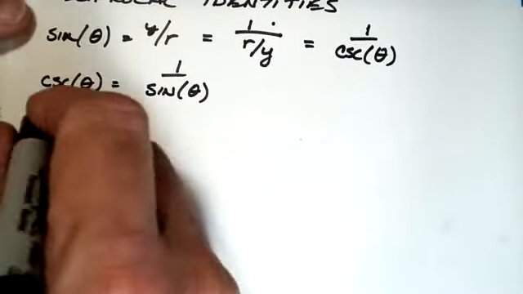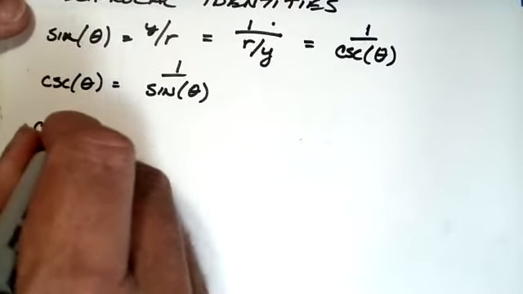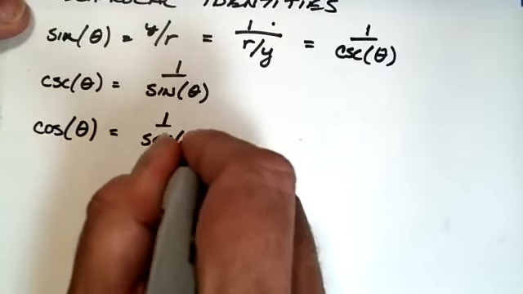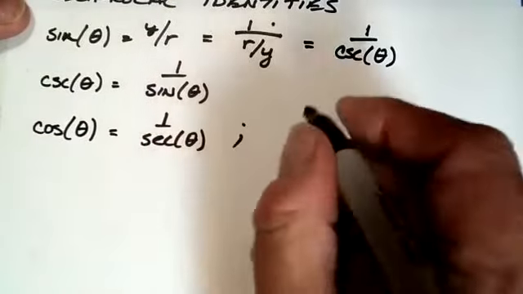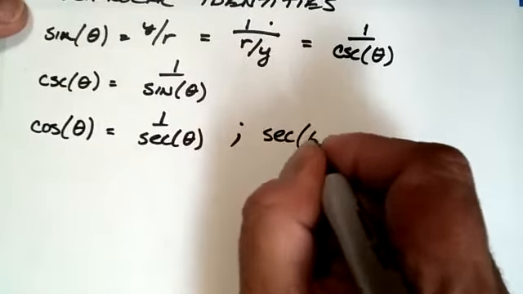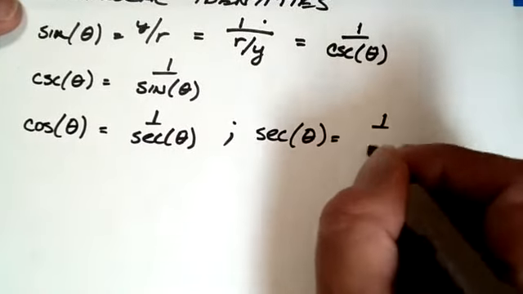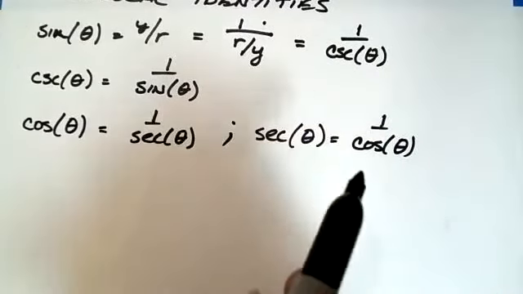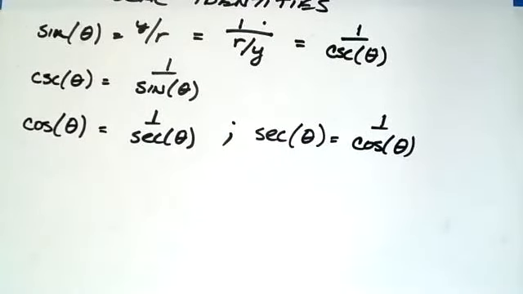Okay. Next, we have cosine of theta is equal to 1 over secant of theta. And similarly, secant of theta is equal to 1 over cosine of theta. Now, be very careful, because the argument, which is basically the thing inside the parentheses, has to be exactly the same.